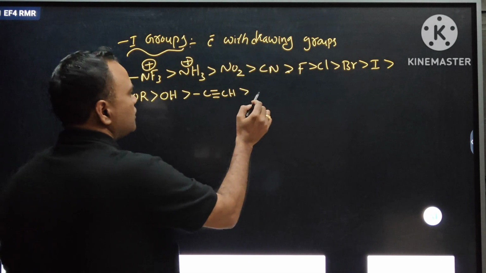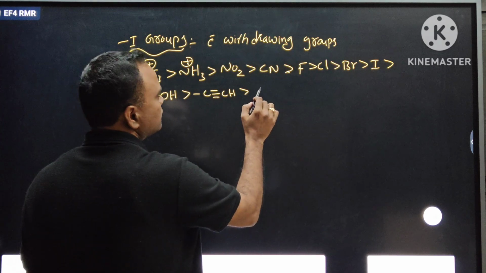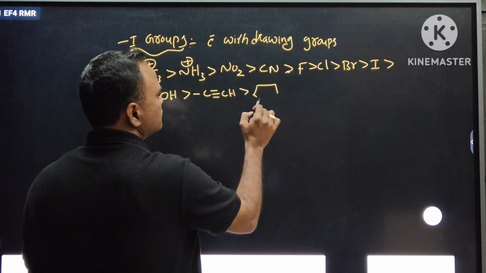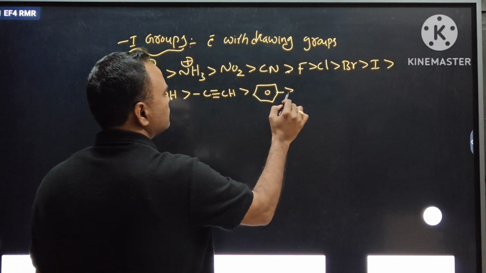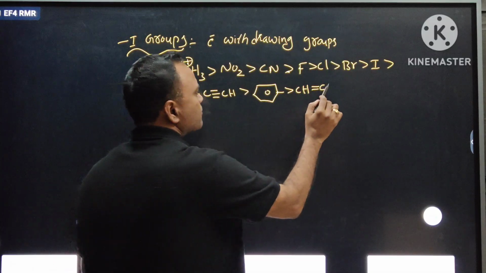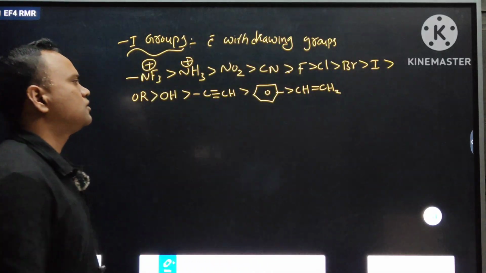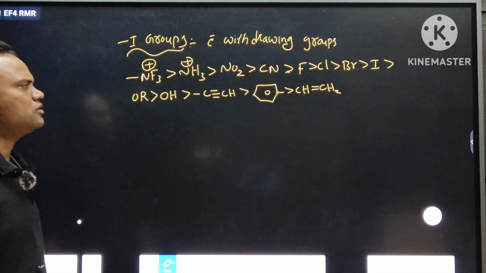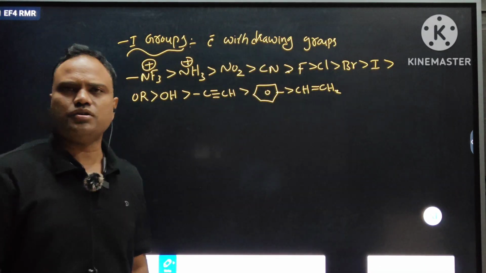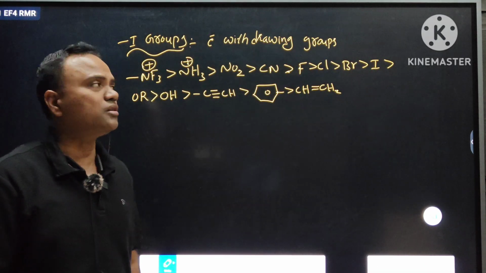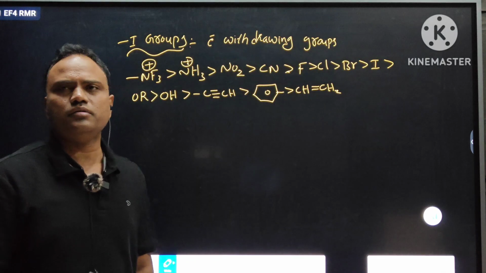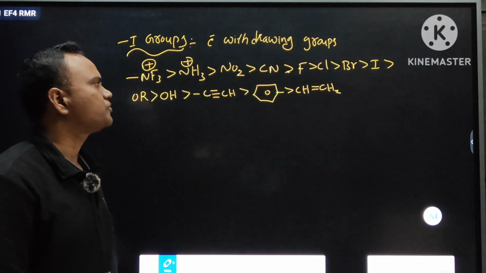Even alkene, phenyl groups also, okay, benzene ring, phenyl. In the regular class, I'll give a few more examples also, but these are enough for the acidic nature of carboxylic acids. Clear? Because if I give all, you are unable to remember.